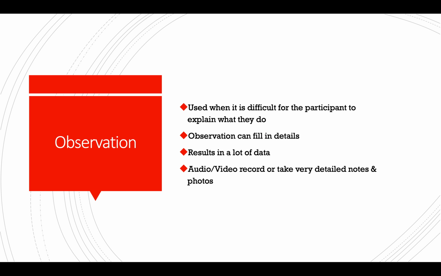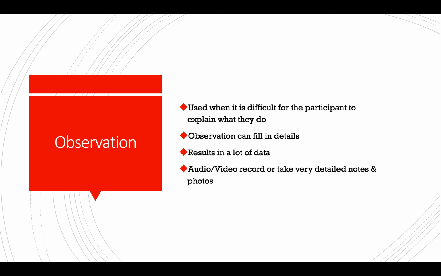In observation, what we're doing is just watching people in their natural environment, at their workplace, in their home, out and about, wherever they're doing whatever it is that we're interested in studying. This is really useful when the participant might have difficulty explaining to us how they do what they do, or what the setting is like, or what the environment is like.